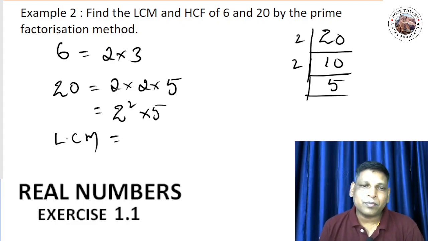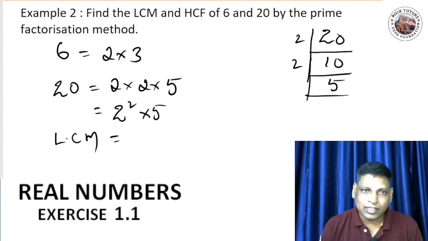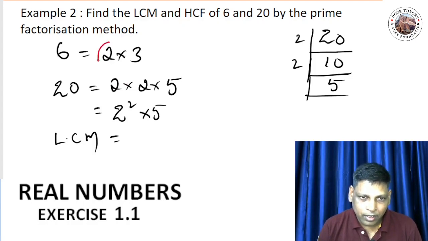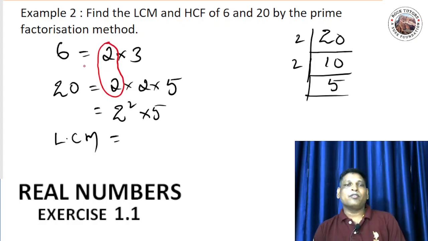So we know that LCM means, we'll see the first common. Here 2 and 2 are common. When they are common, we will not write twice. Why? Because repeated ones we will not write. We will take it as a single.